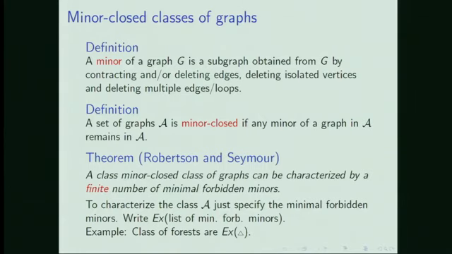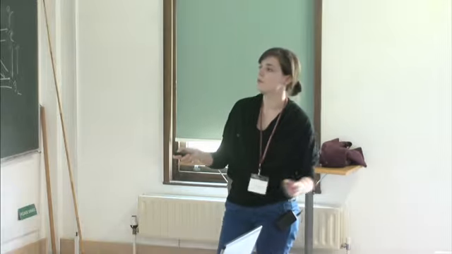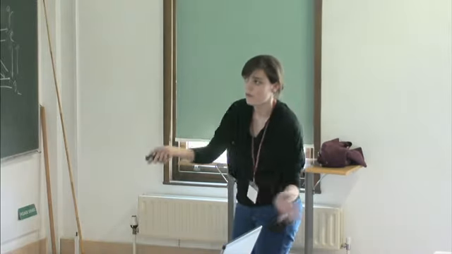The only important consequence of that theorem here is basically that if I want to characterize my minor closed class of graphs, it suffices that I give you the list of the minimal forbidden minors, and therefore the whole thing actually makes sense.